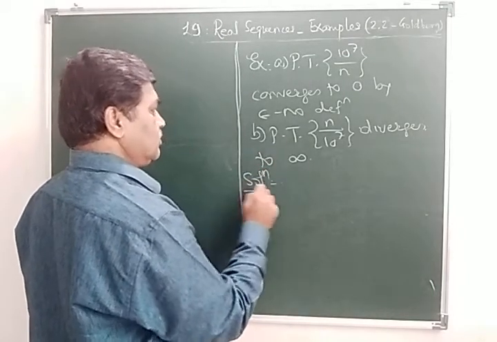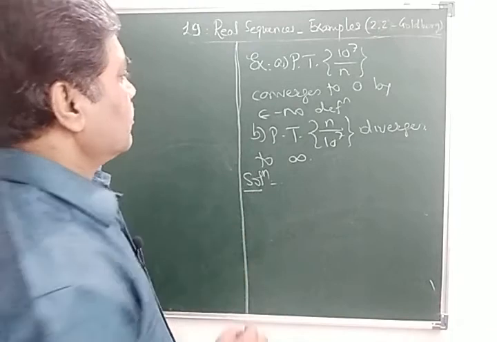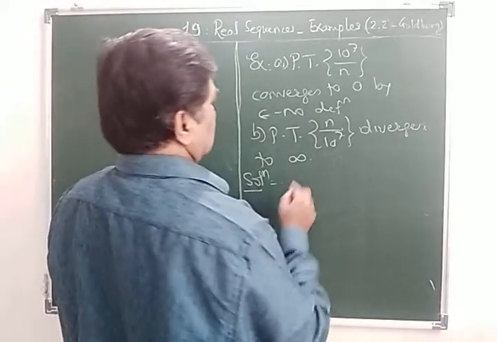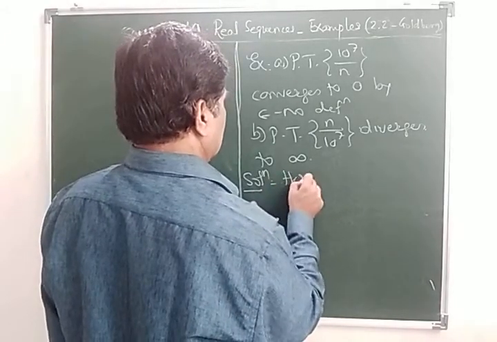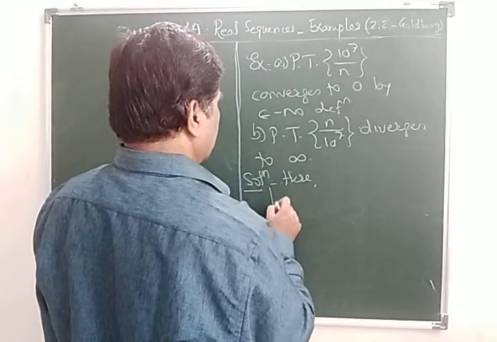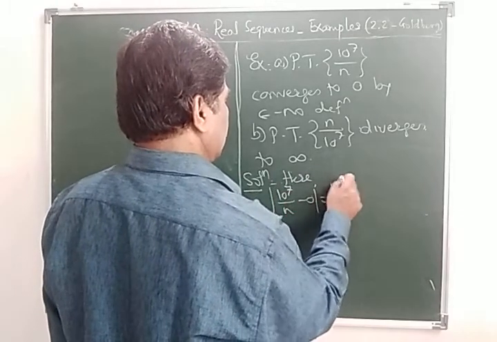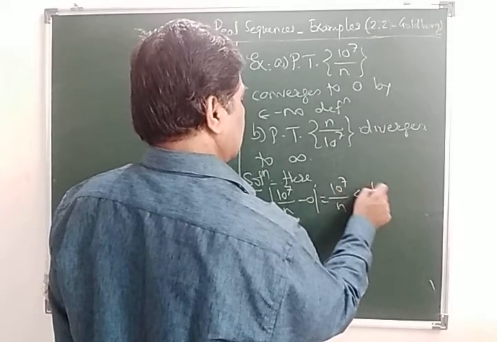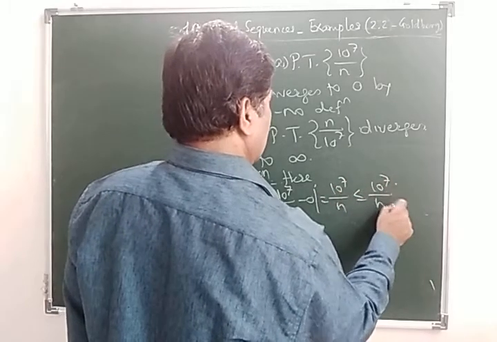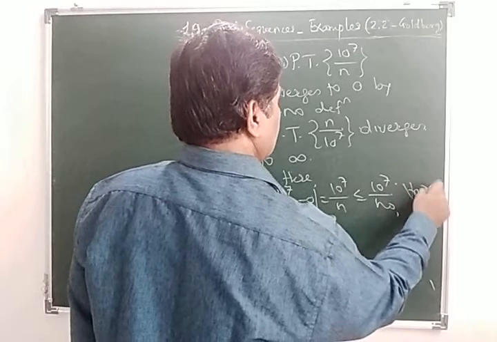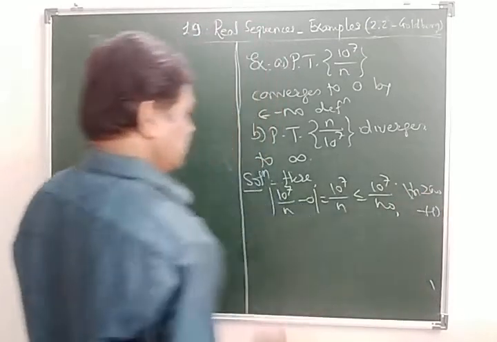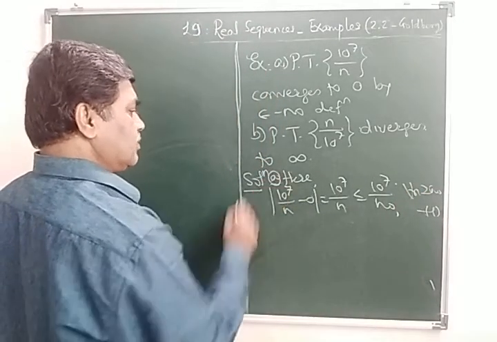Solution. Here mod of 10 raised to 7 upon n minus 0, which is the same as 10 raised to 7 upon n, is less equal to 10 raised to 7 upon n naught for any n greater equal n naught. So this is the A part solution.